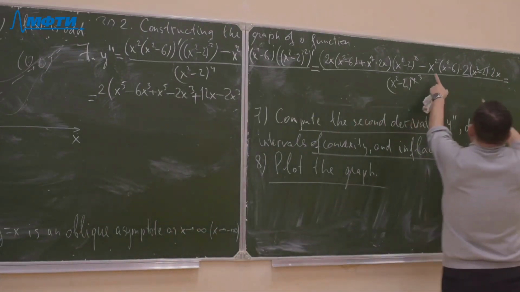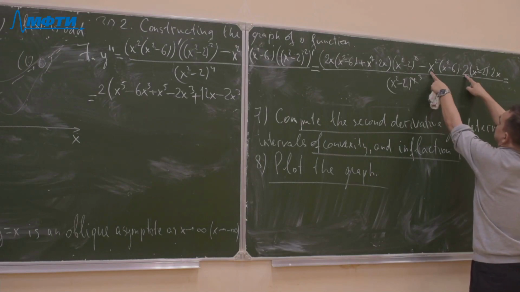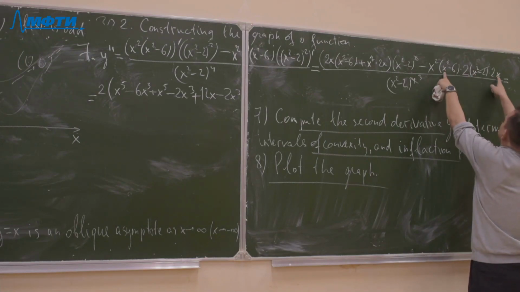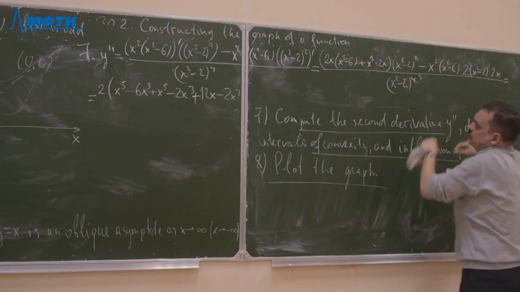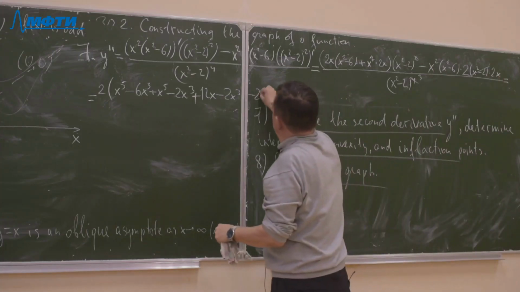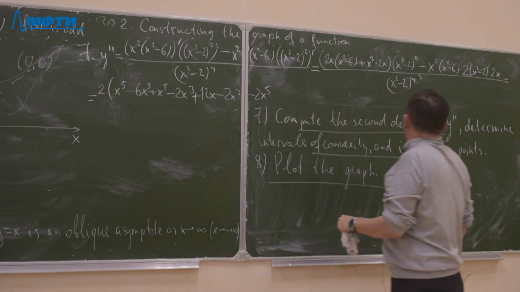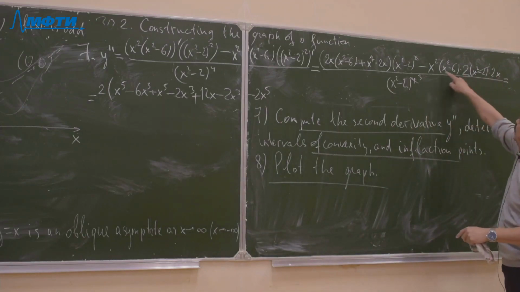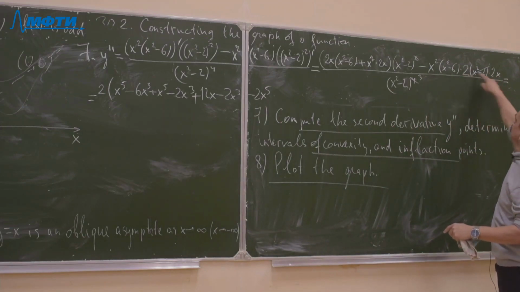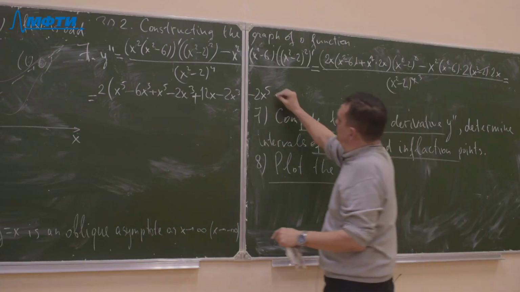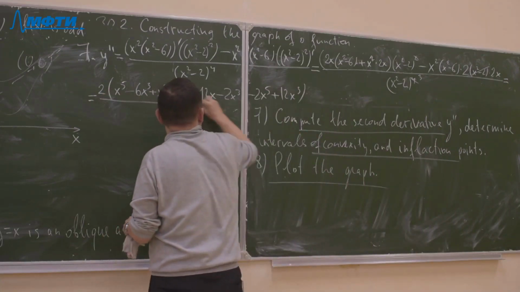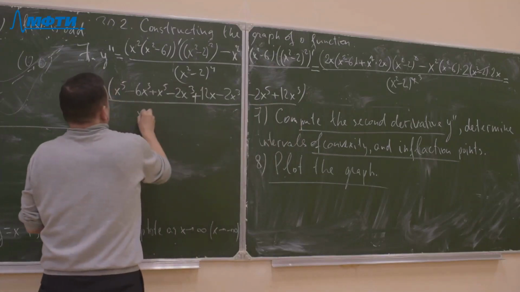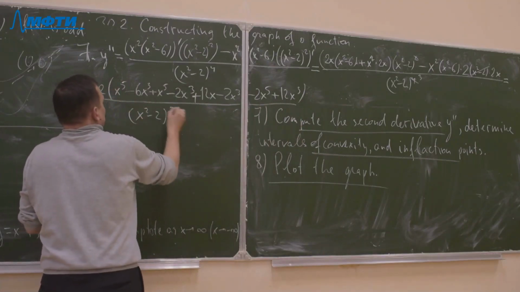Here, okay, 2 is a common multiplier, so x cubed minus 2x to the power 5, 2x to the power 5, and plus 12x cubed. That's it. Over x squared minus 2 cubed.